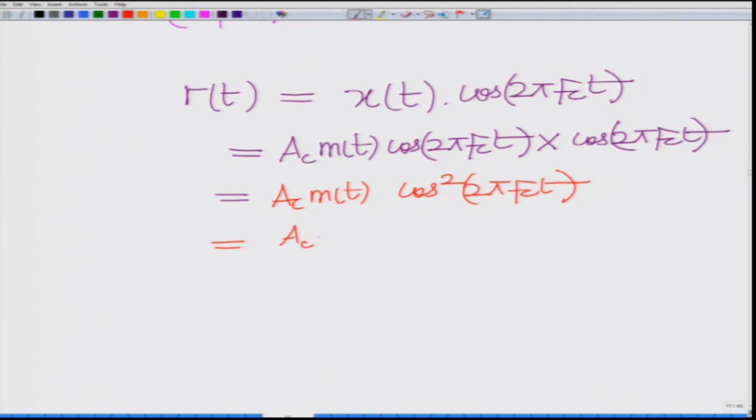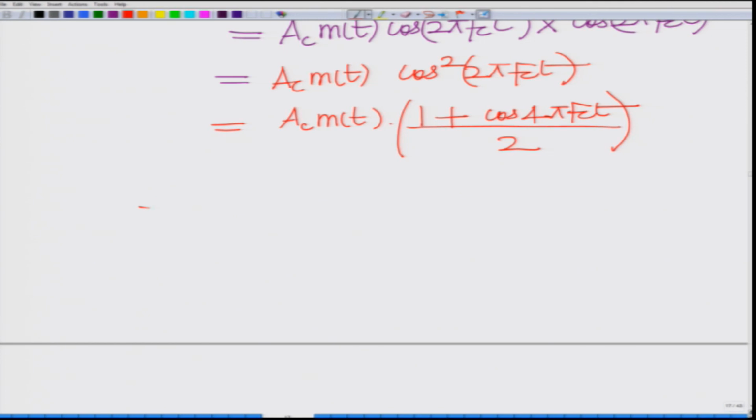Now, cosine square 2 pi f c t can be written as 1 plus cosine 4 pi f c t divided by 2, alright. Cosine square theta is 1 plus cosine 2 theta divided by 2. And now, you observe something interesting.